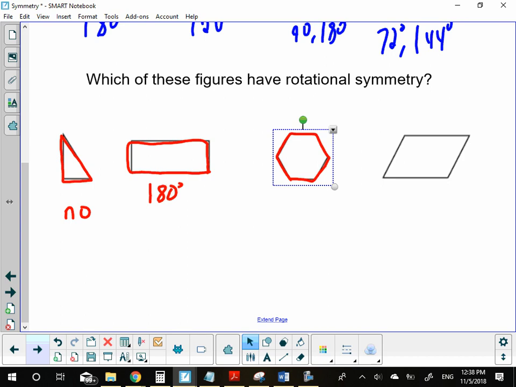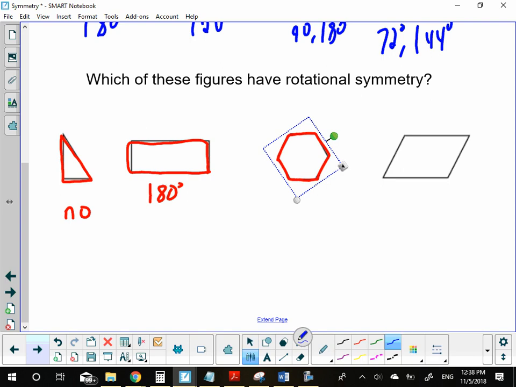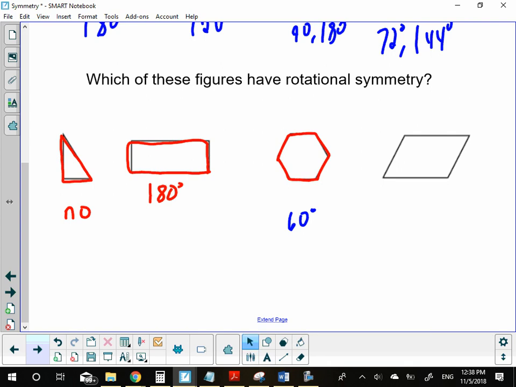What kind of rotational symmetry is it then? 360 divided by 6 is 60. Is that it? Just 60 degrees? No, what else can I do? 120. Anything else? 180.